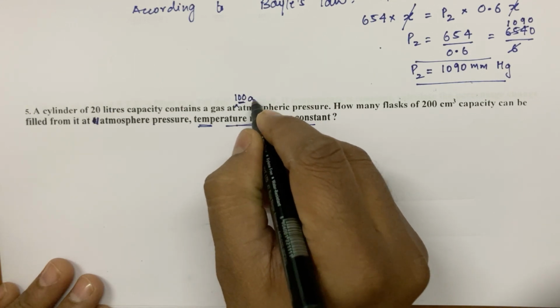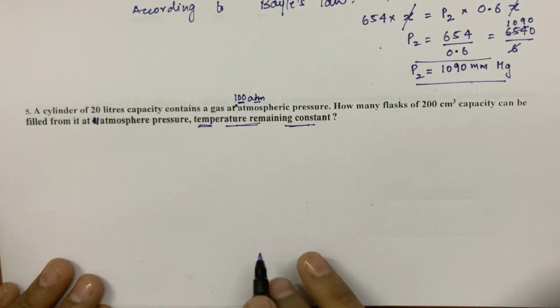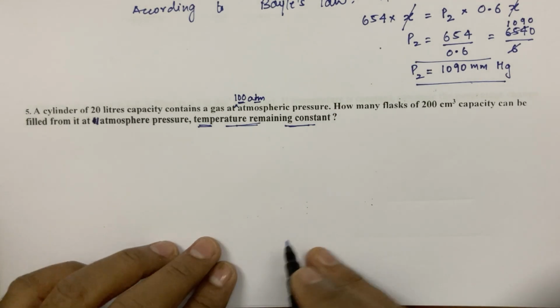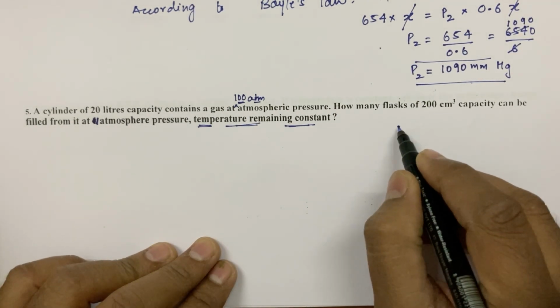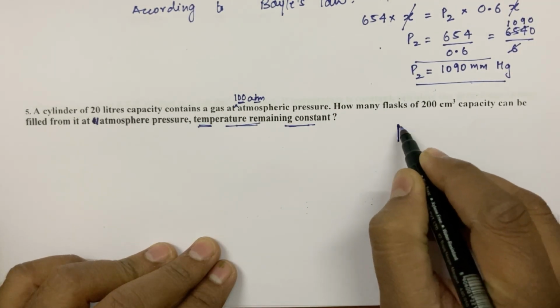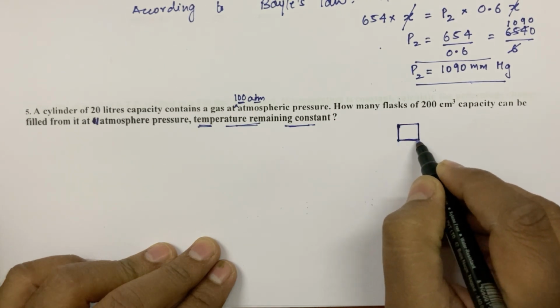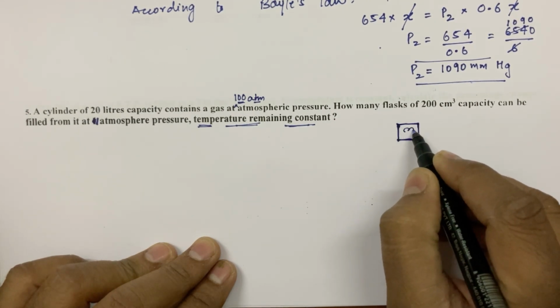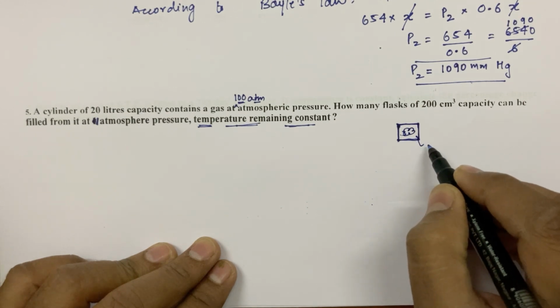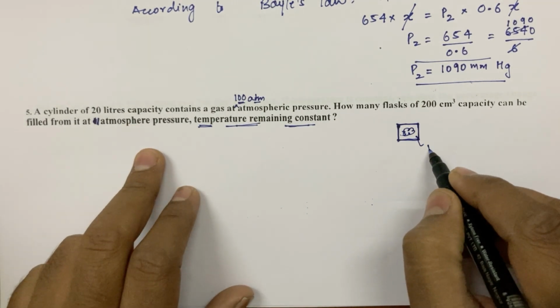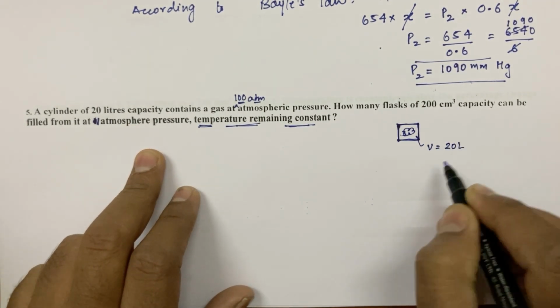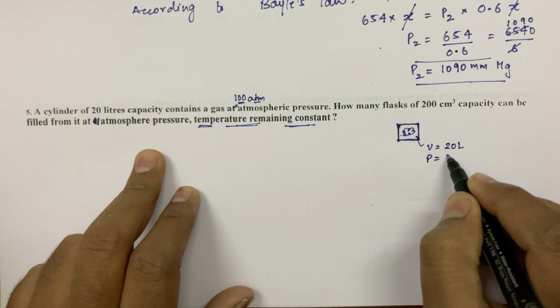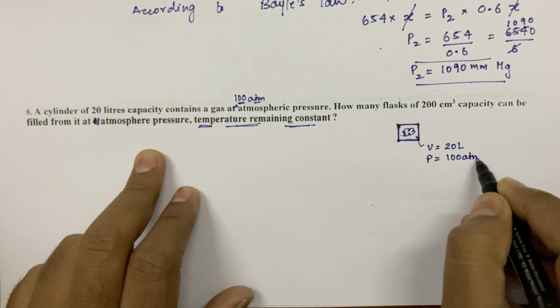So what they are asking, there is a flask, say one flask is there. In this flask there is gas. Now this flask is having volume equal to 20 liter and pressure equal to 100 atmospheric pressure.